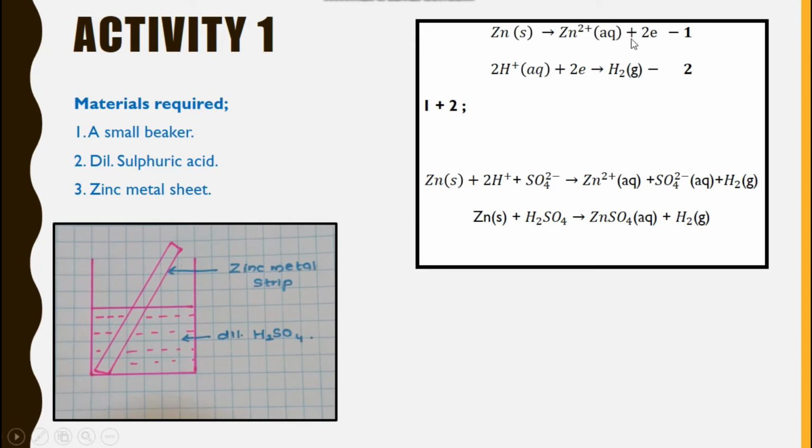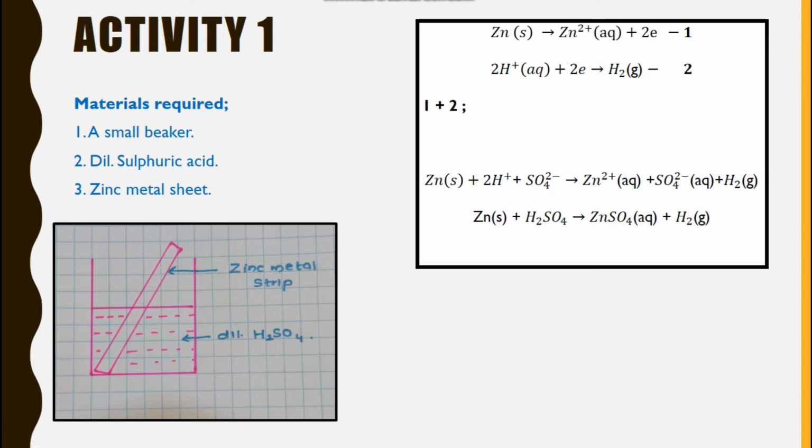Remember this sulfuric acid released H+ ions and SO4 2- ions. It didn't go into one side, so we can include this SO4 2- on both sides. Here the 2 H+ ions and the SO4 2- ion get together and form H2SO4, and the Zn 2+ ion and the SO4 2- ion get together and form ZnSO4.